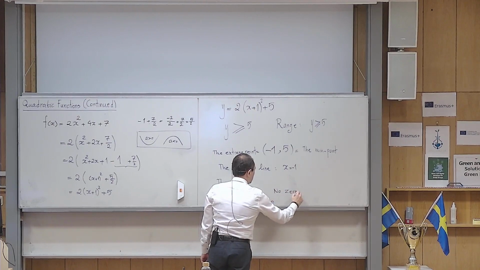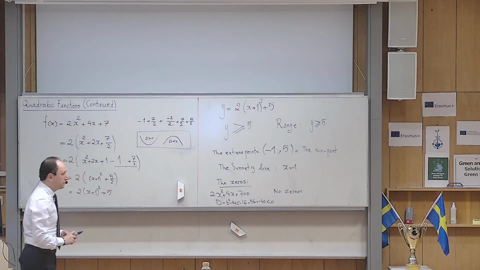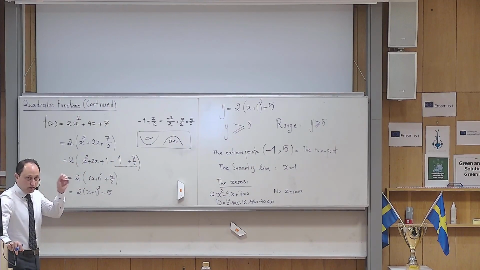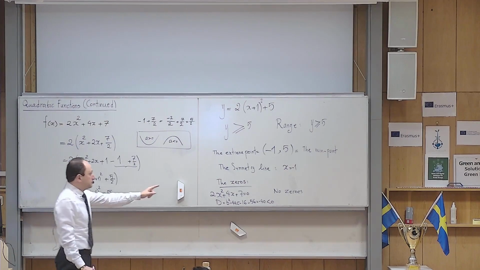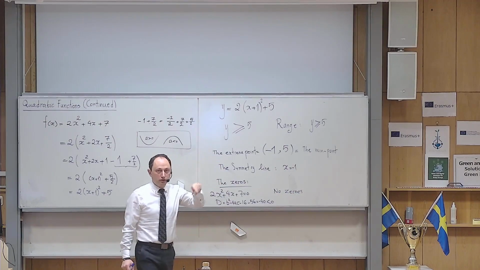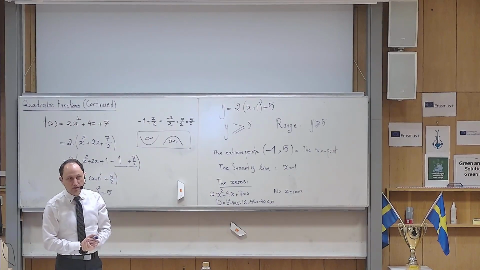What does it mean? Do you remember what is the meaning of a zero geometrically? From graphical point of view, what was the meaning of zeros? The zero is a point of intersection of the graph with the x-axis. So when you say that there are no zeros, it means that when you draw the graph of the function, it does not intersect the x-axis at all.